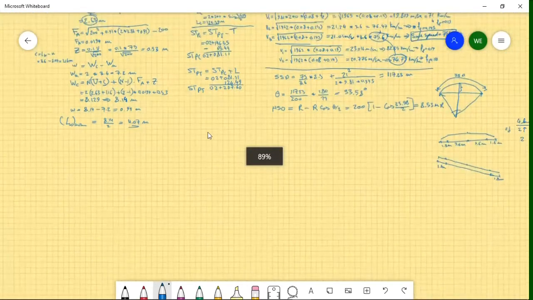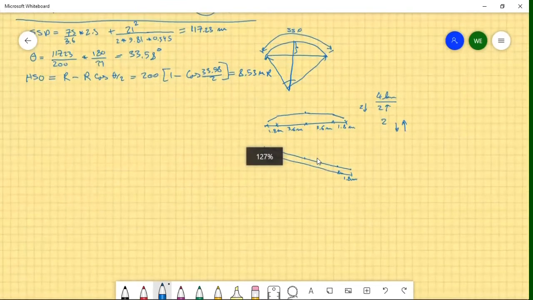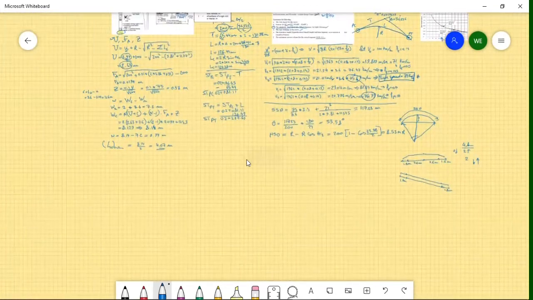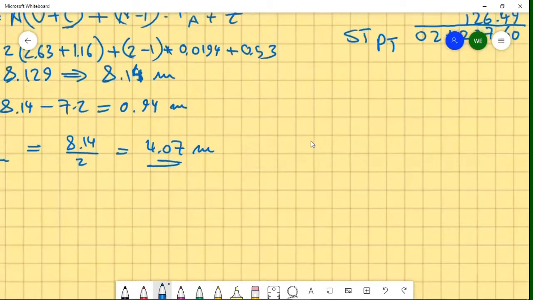For practicality we don't use 4.07, we're going to use 4.10. يعني let me go back here and say this is going to use 4.10. Why?